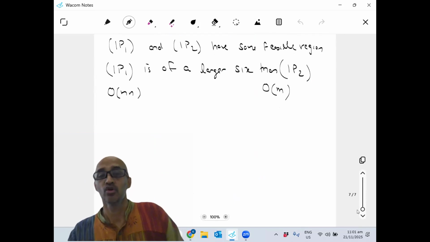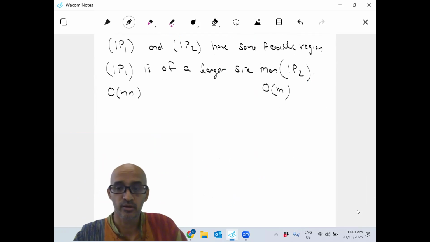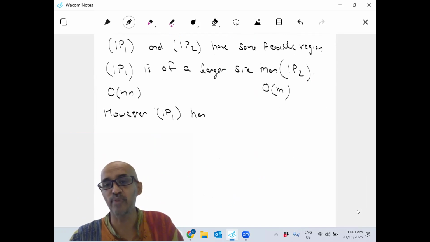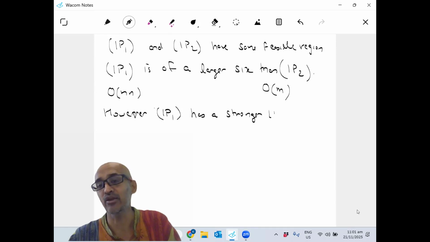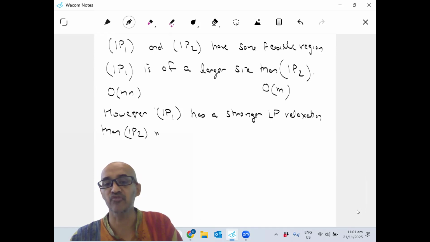So is this clear, firstly? This part is clear so far? Okay. However, the claim is IP1 has a much stronger LP relaxation than IP2, making it a better formulation.